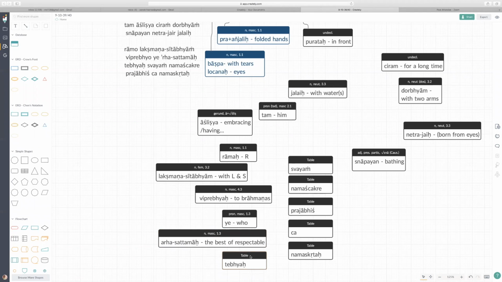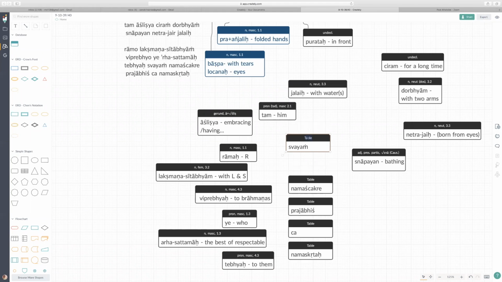Next, tebhyaha. Pronoun. 4.3. Pronoun, yes. Well, it would be masculine or neuter. Okay, 4.3. So we'll stick to masculine, meaning to them. To them. Next, tebhya swayam.